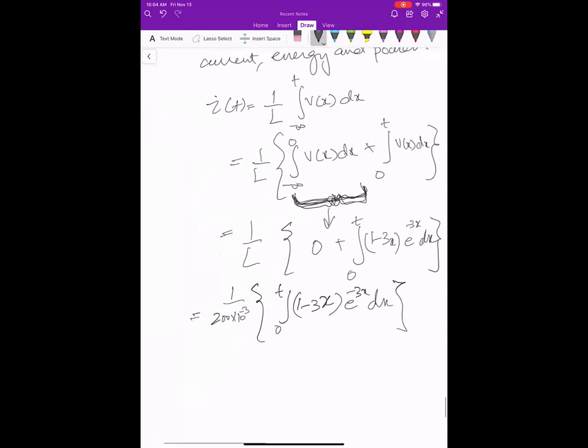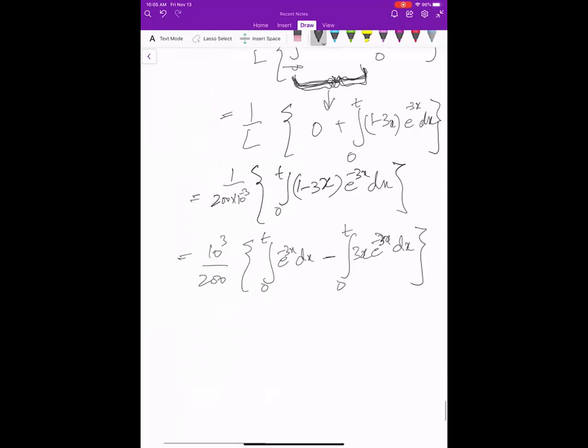So it's now just a simple integral question. You can separate e to the minus 3x dx and 3x e to the minus 3x dx.